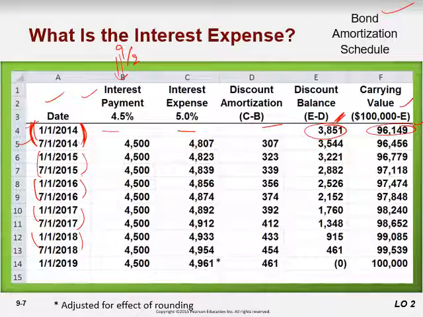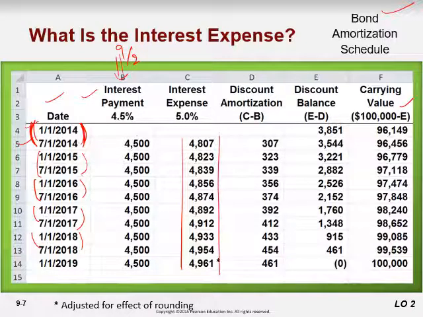Interest payments are based on principal. Principal is 100,000, so that's why this is 4,500, 4,500, 4,500. And interest expense is based on the value of the bond. So here is a trick: you see the interest expenses are not equal in every period.